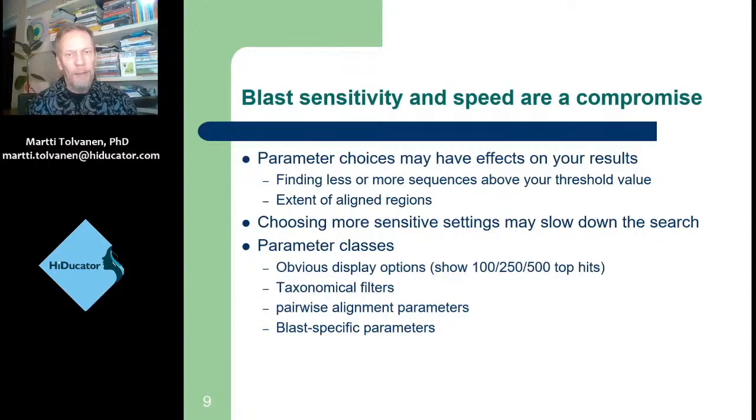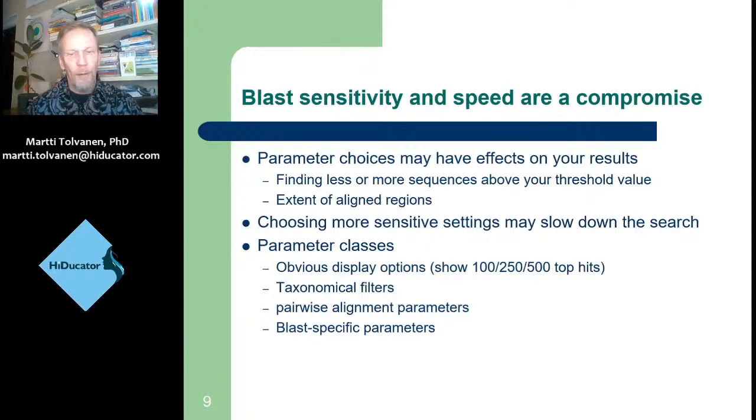And if you are loosening or tightening your parameters, it might have an effect on your results. If you have set a threshold for the e-values which you intend to find, so with other sets of parameters you might find more or fewer sequences that cross the threshold.